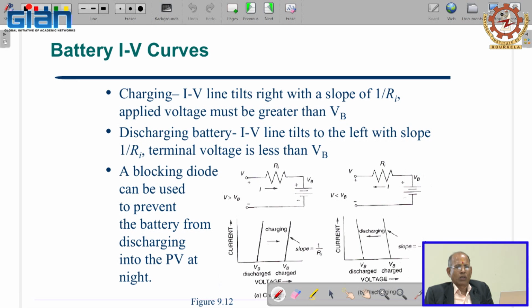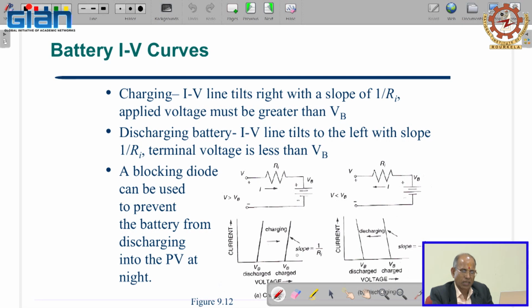Now, changing the IV tilt line with a slope of 1 by Ri, the applied voltage must be greater than VB. The discharging battery IV line tilts to the left with a slope of 1 by Ri. So you can see here the characteristics during charging and during discharging.